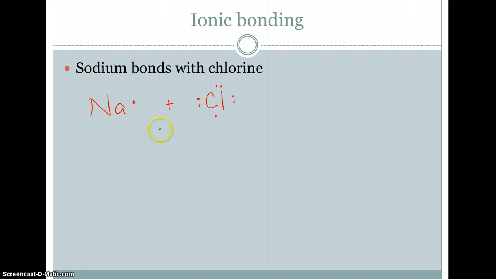Chlorine wants to gain 1. So what happens is that electron from sodium comes over here to chlorine, and what we end up with is sodium with a +1 charge and chlorine with a -1 charge and 8 valence electrons. And then the +1 and -1 end up attracting each other, and they form an ionic bond.